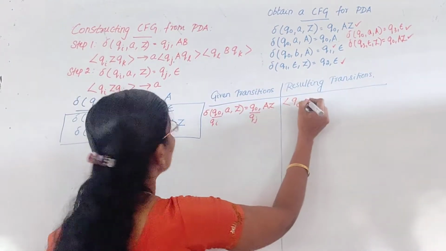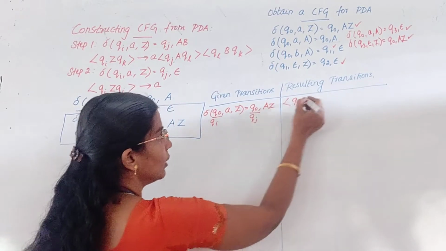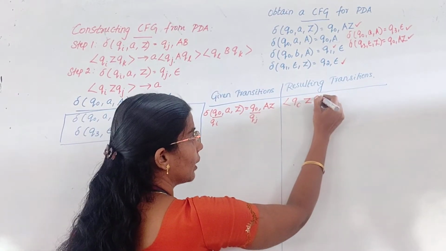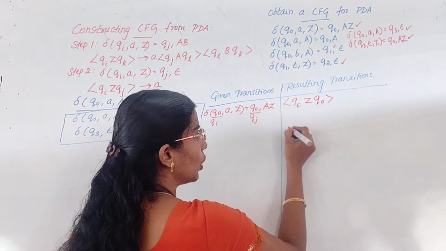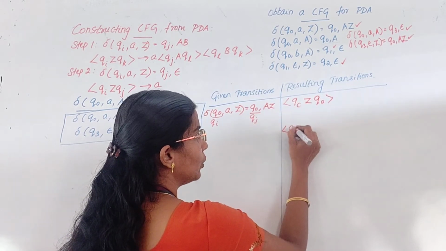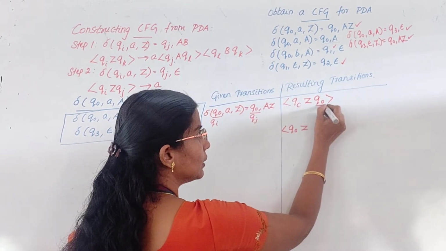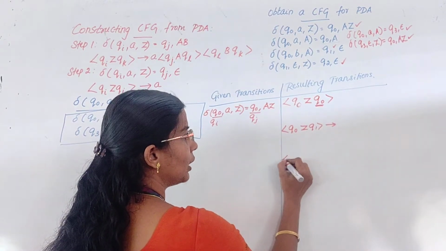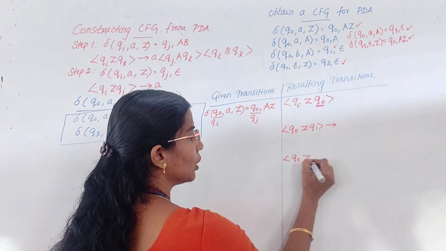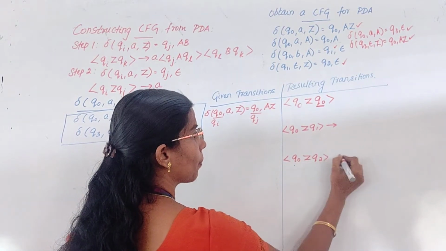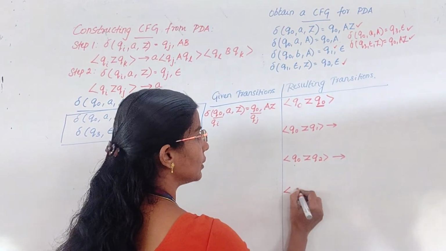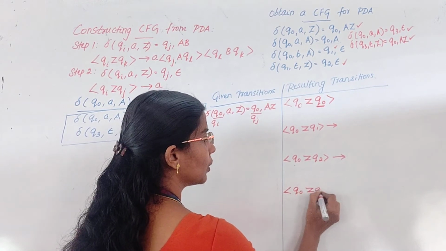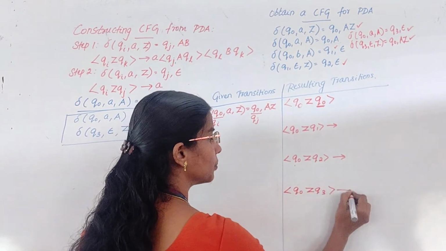Qi is Q0 and it is set, and K. K's first value is Q0. The next value, this is the K value, right, Q1. And the next value is Q2. And at last it is Q3.